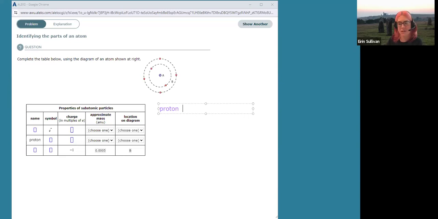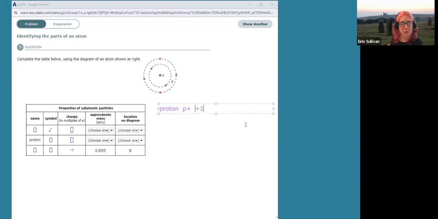So when I say a proton has a charge of +1, that's +1 e, the fundamental unit of charge. The symbol for a proton is P or little p, or sometimes p superscript plus, to say that it has a positive charge associated with it.